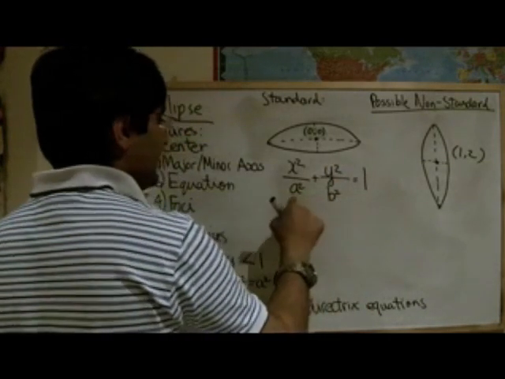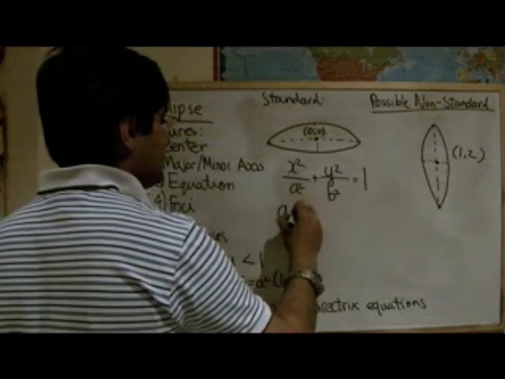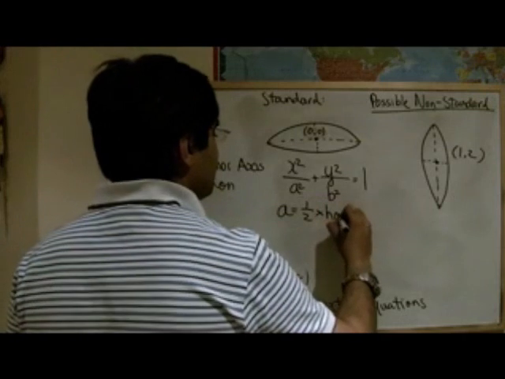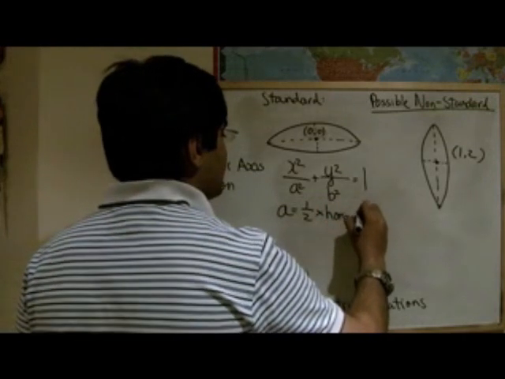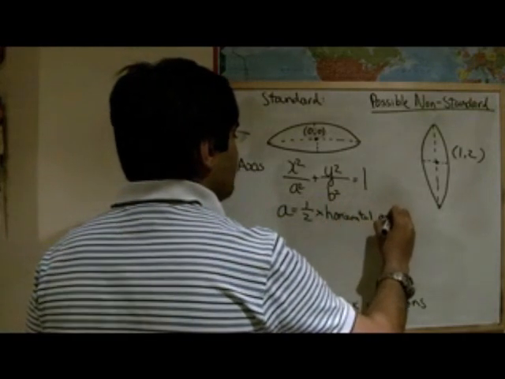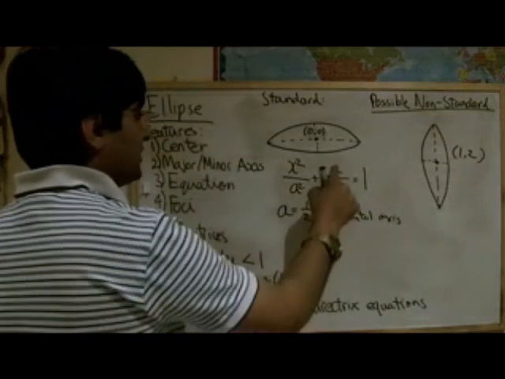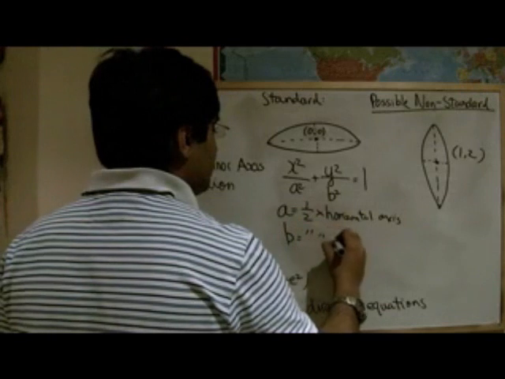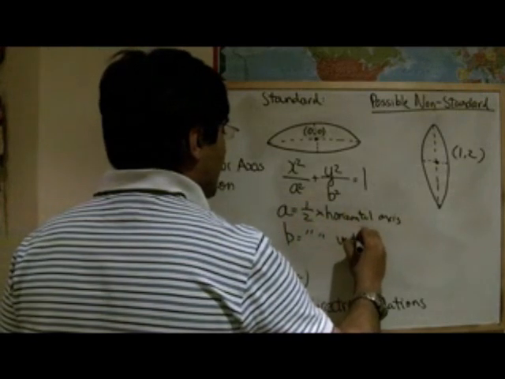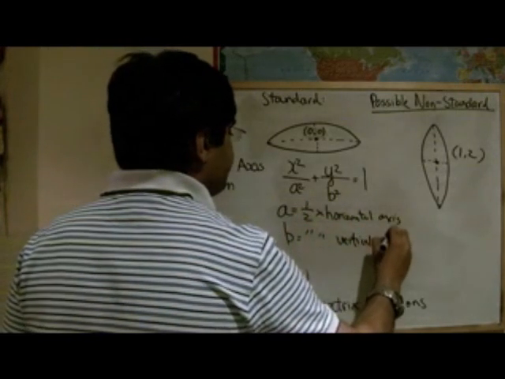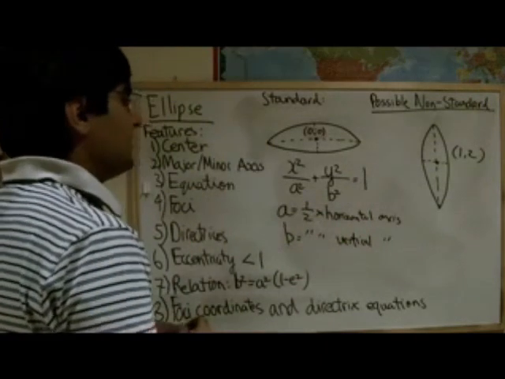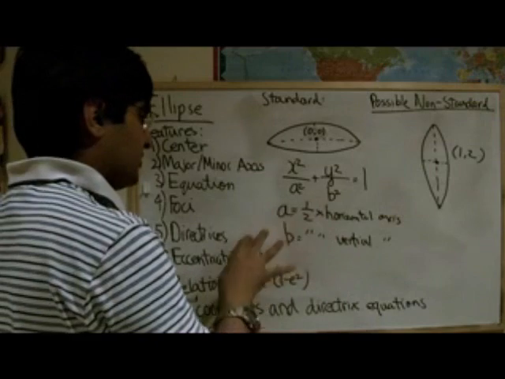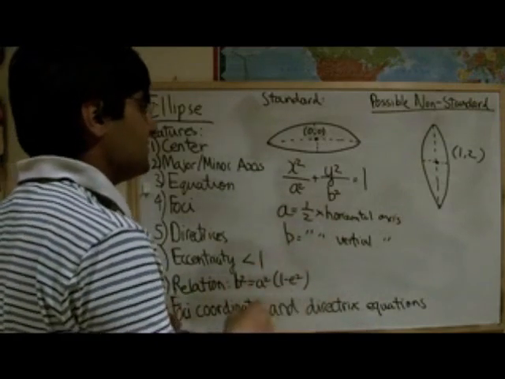In this case, the x denominator, a, is equal to half of the horizontal axis length. And likewise, the y denominator b is equal to half of the vertical axis. A and b are constant half-widths of the horizontal and vertical axes respectively.